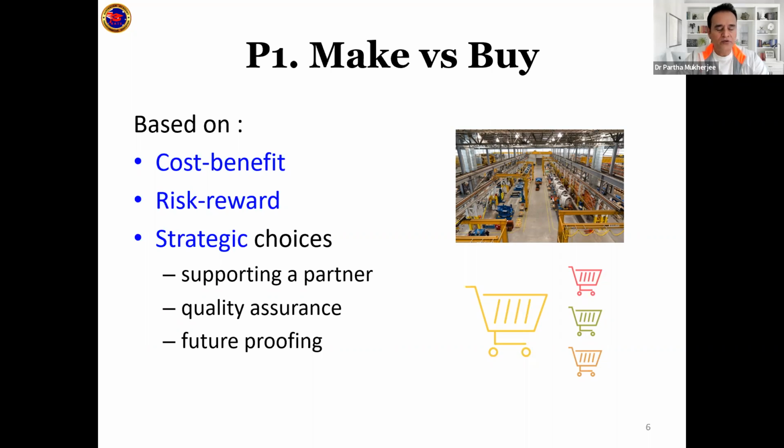And then of course there is future proofing. It's not only managing your partners and your suppliers and strategic partners today, but you want to future proof that when something really goes wrong, they will be part of your cohort who will always support you.